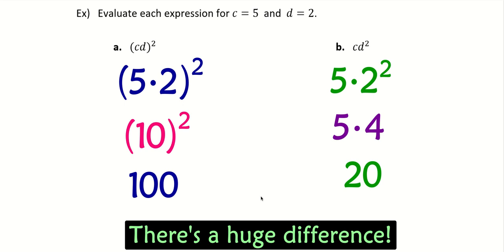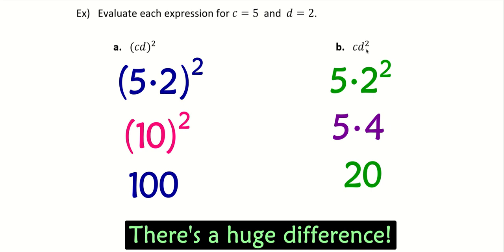And the only other way I would explain this is, when you look at the original variable expressions, or at these once you replace the C and the D, and you look at CD squared without the parentheses, you should be able to look at that and go, what is being squared?